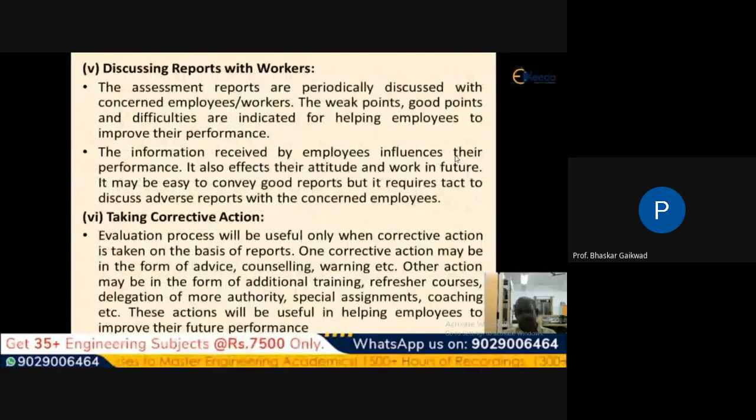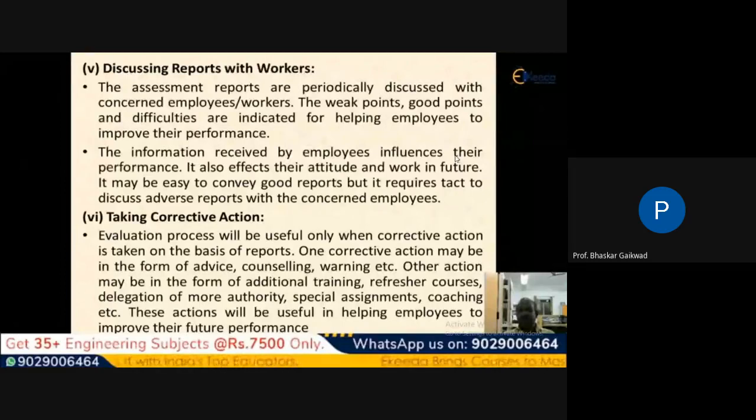Once this report is made, we talk again with the workers about improvement: where he is lagging, where he is doing well, what difficulties he faced, what his attitude is, how he has to work. All this has to be discussed with the workers. Then you have to go for corrective action.